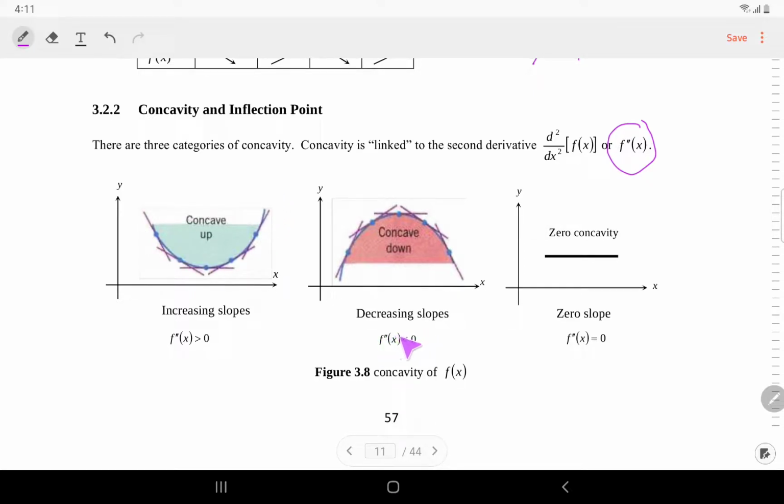If f double prime x is less than 0, it will be concave down. But if f double prime x equals 0, there is no concavity. So, concave up has this shape, concave down has this shape.